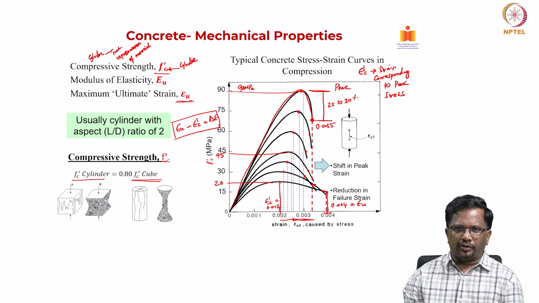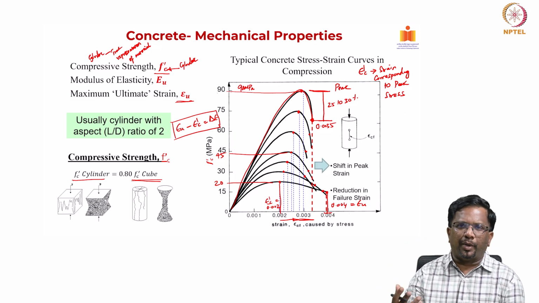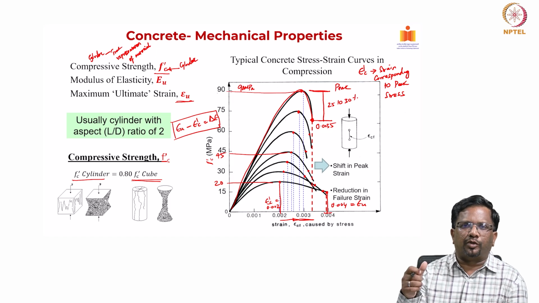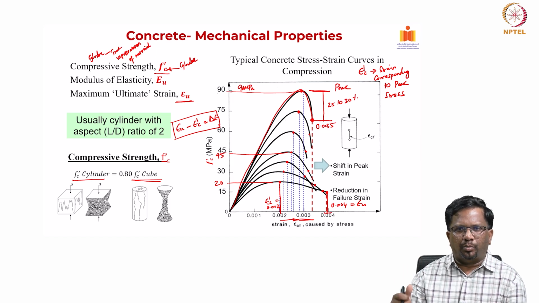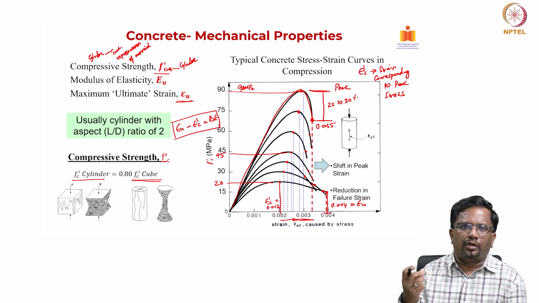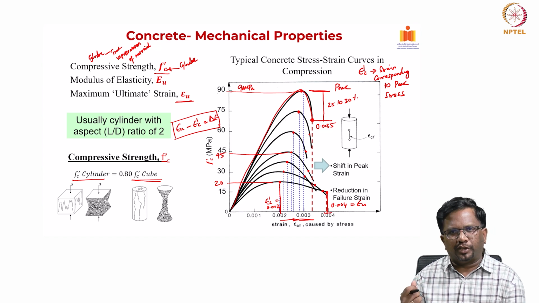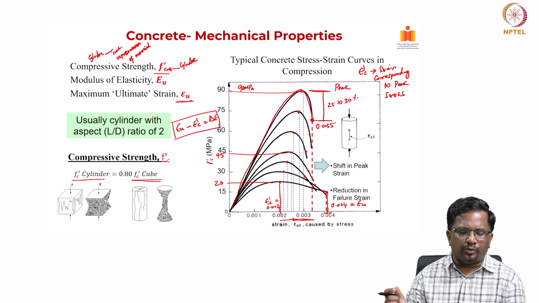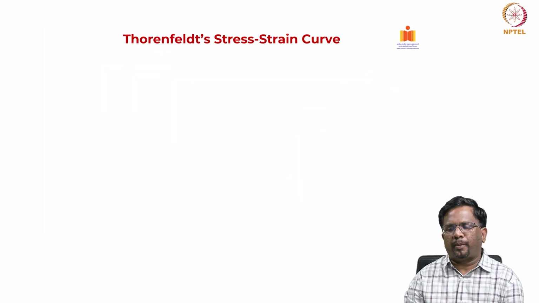This is why it is called short term mechanical properties, right. So, one thing is the higher the strength of the concrete, the higher will be the elastic modulus, but the brittleness is going to increase because the difference between epsilon u and epsilon prime c is going to reduce, right.